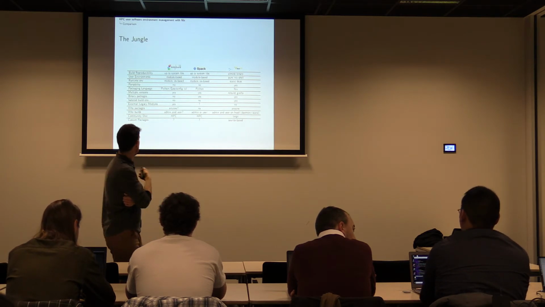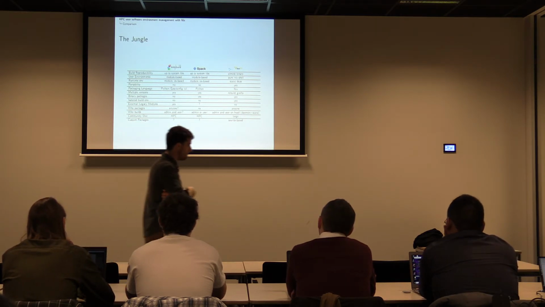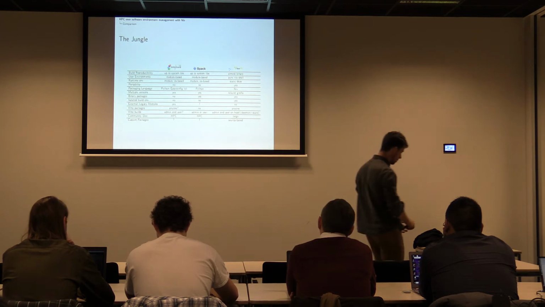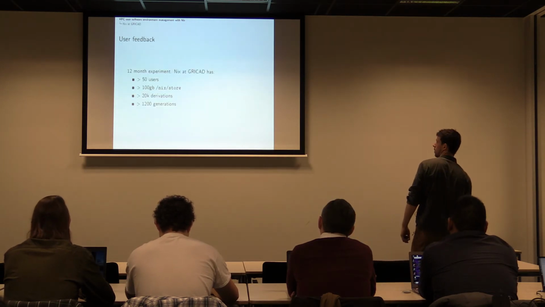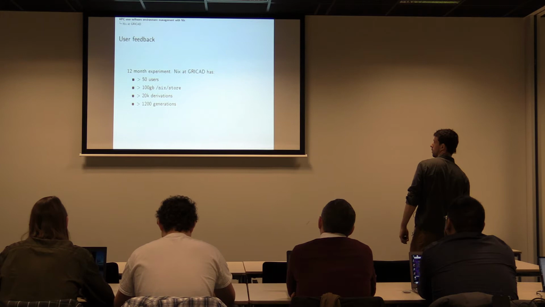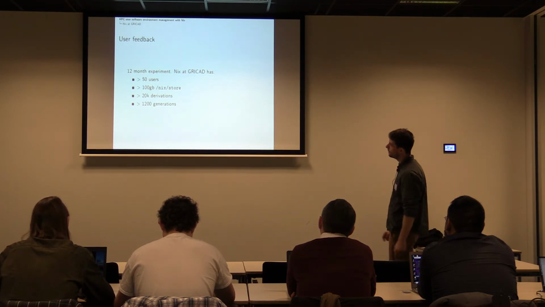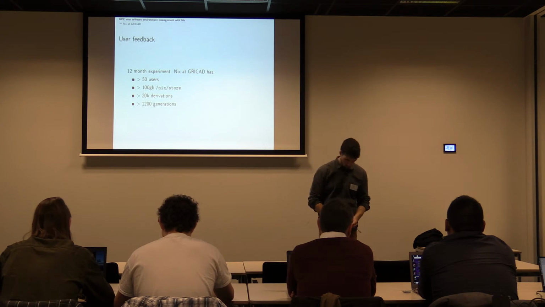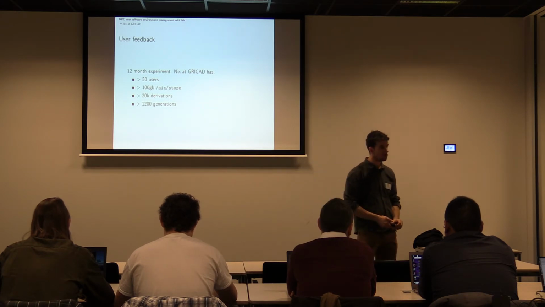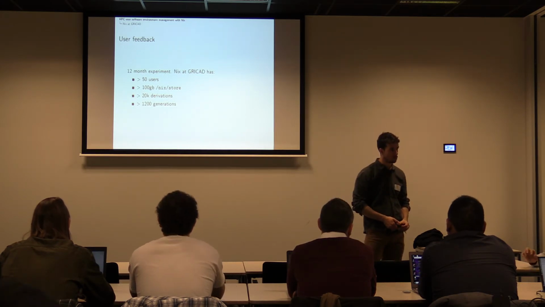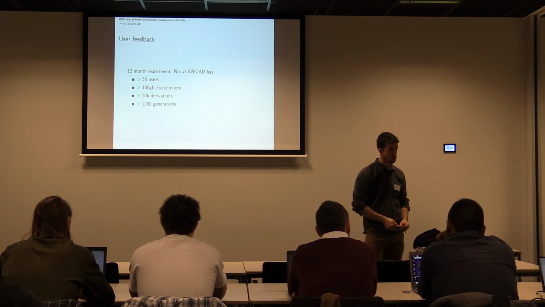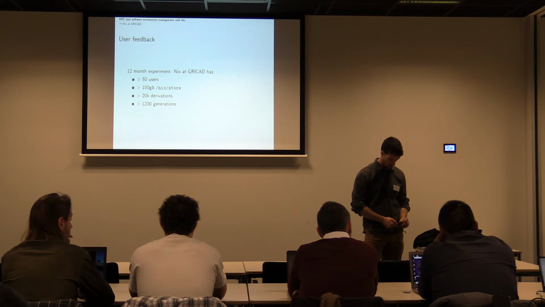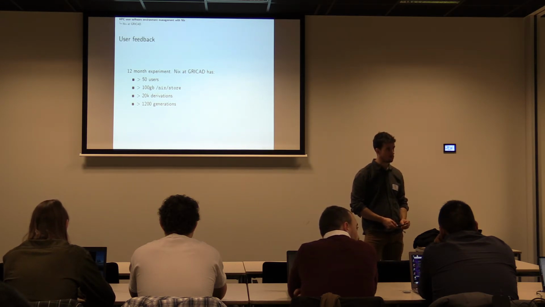Can you go back to the numbers you showed? You said 20K derivations, so that's 20K different installations of software? It includes all the dependencies, as every package depends on other packages, and as soon as you change something, the whole thing changes.